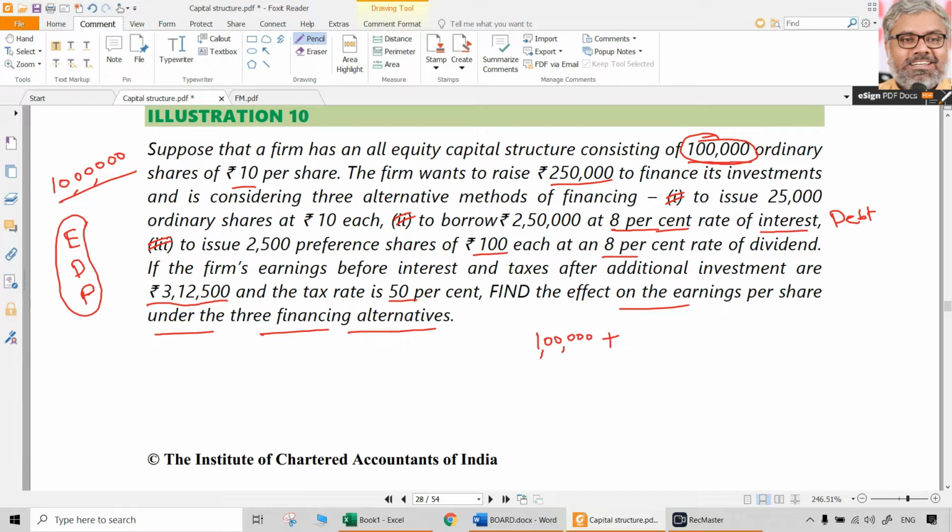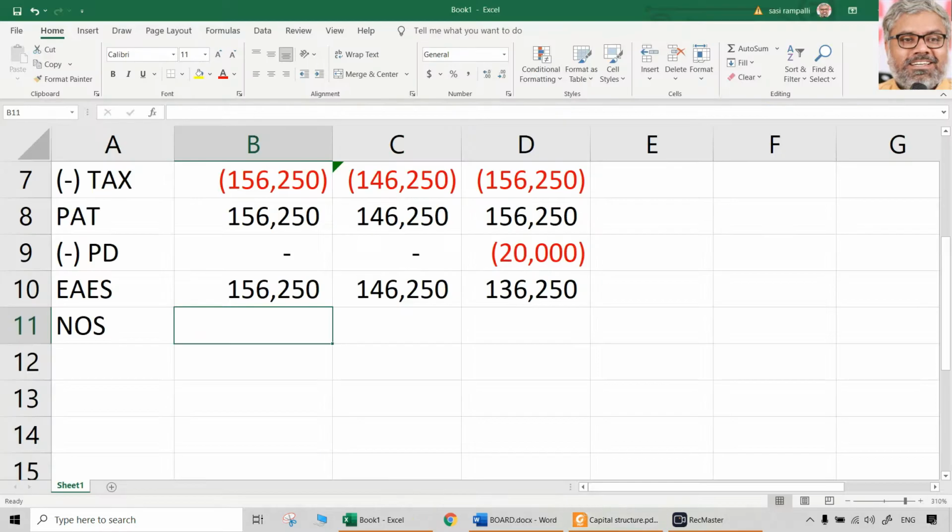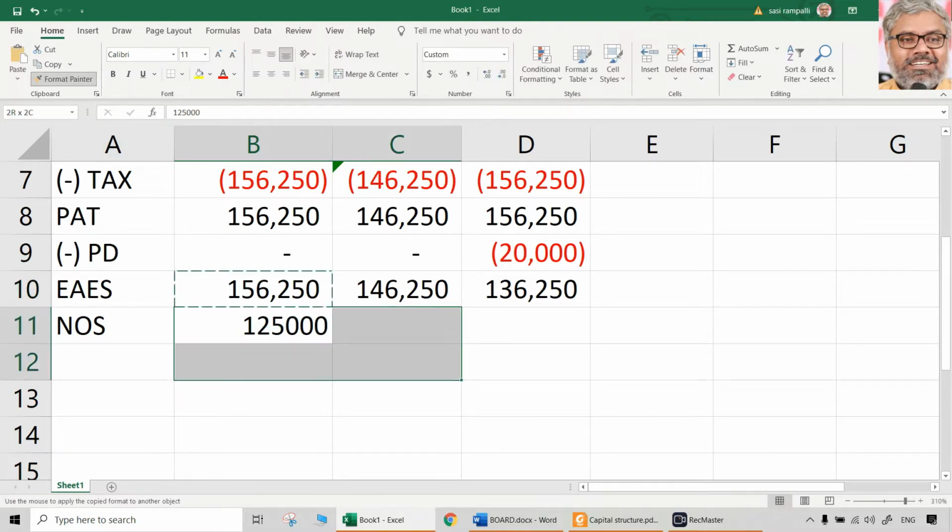Like that, 2,50,000 rupees. That means it will issue 25,000 new equity shares. So 1 lakh plus 25,000. Obviously, in the first scenario where company issues fresh equity shares for its financing options, 1,25,000 will be the number of equity shares in alternative 1.